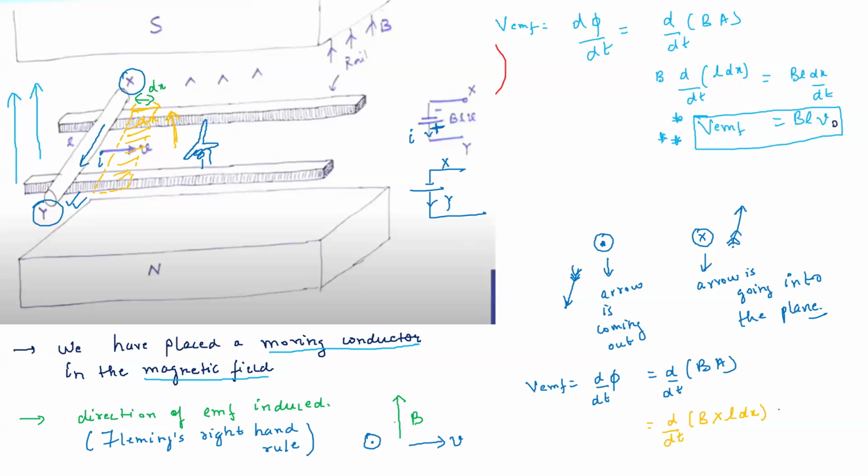So what we will get is B L d by dt of x, and we know that dx by dt is the velocity v, so we will get BLV. So the magnitude of the EMF induced is BLV, and this is the polarity of the EMF induced using Fleming's right hand rule, right?